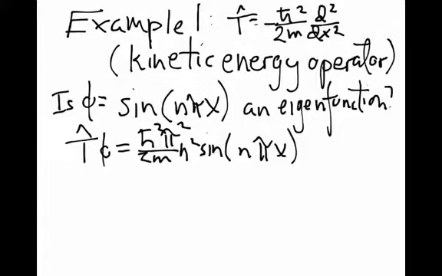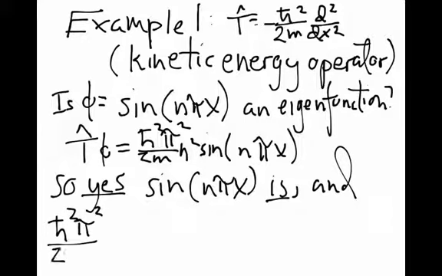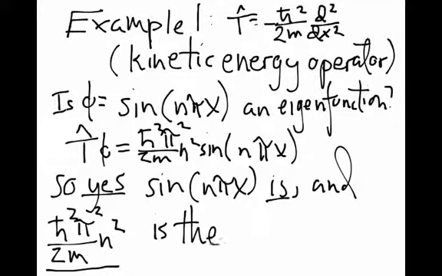Second derivative of sine x is minus sine x. So let's see, that looks pretty good. Yep, we have some quantity times sine n pi x after we've munched on our function phi with the operator T. So sine of n pi x is said to be an eigenfunction, and the quantity h bar squared pi squared over 2m n squared, that is the eigenvalue of the function.